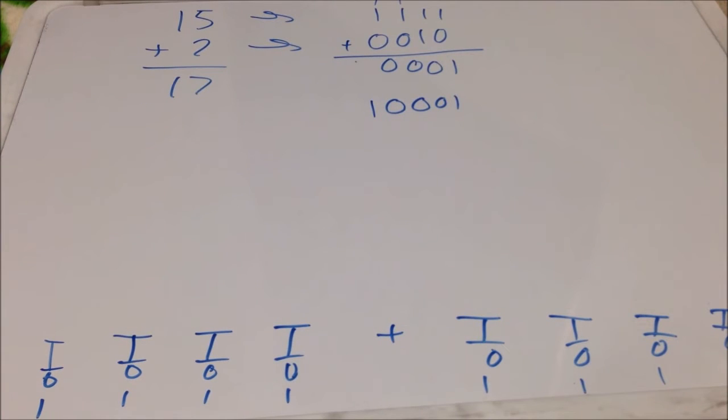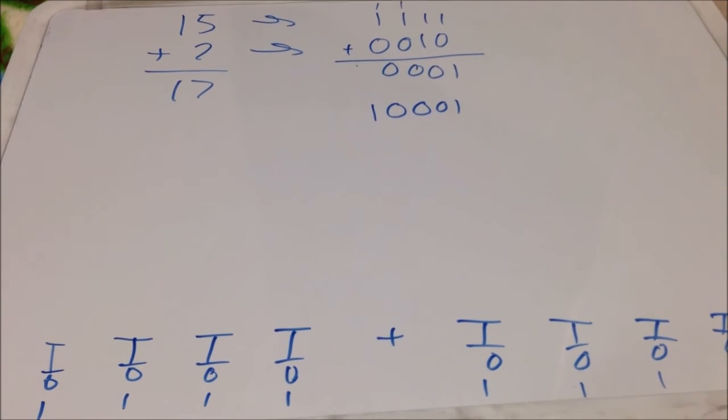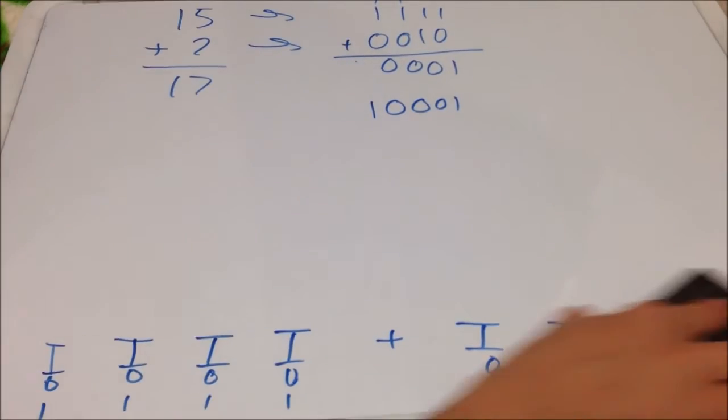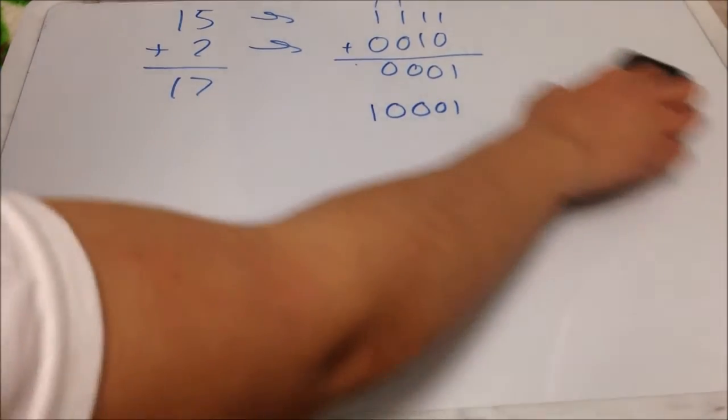So this is important because it gives us a limitation of what's the highest number we can use based on how many bit values we're using for our calculator. So the more bit values we're using, the bigger the numbers we can represent.